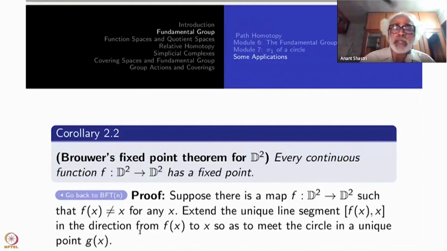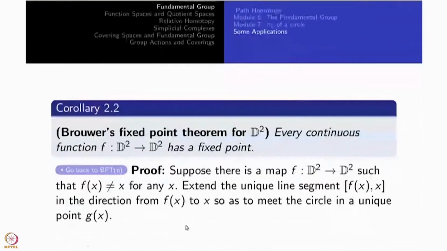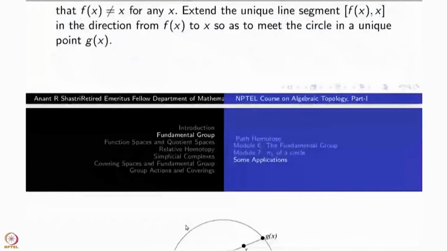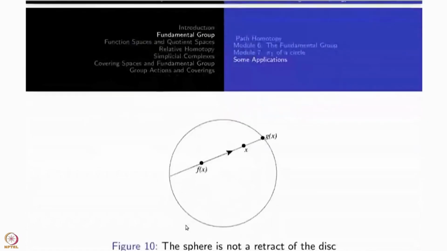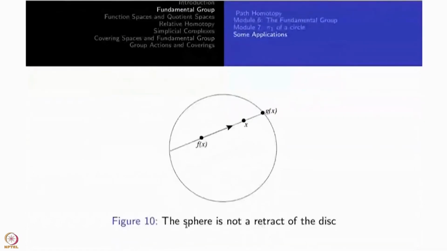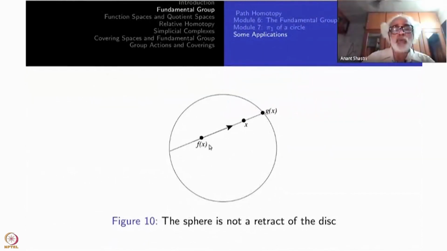Geometrically it is easy to see that whatever you have done is a continuous operation, namely g will also be continuous. But you don't have to rely on your geometric intuition here. You can actually prove that g is a continuous function because f is a continuous function. Okay, let us see how. First of all, let us have a look at what we have done in this picture. x is not equal to f(x), but both of them are in the disk.